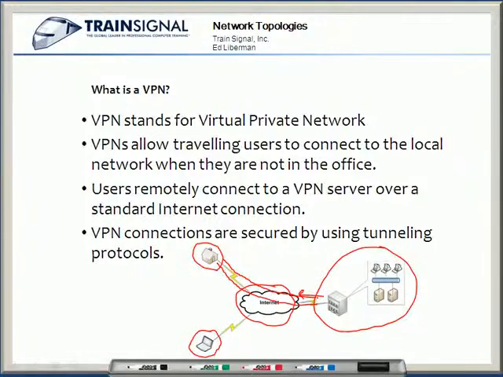Now, in case you're confused about this whole concept of creating a tunnel, because a lot of people try to picture that. They go, what do you mean, make a tunnel? There's an actual shielded tunnel through the World Wide Web, through the internet? What is that? No, the tunnel is created through encryption. And we will talk about VPN encryption protocols later on in this course.